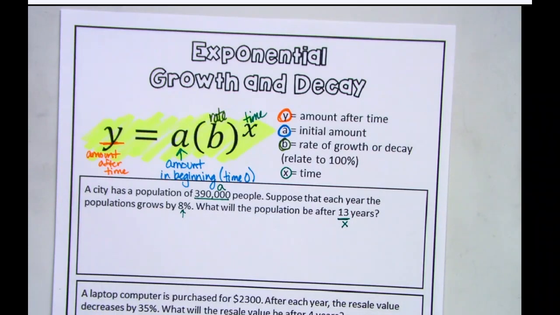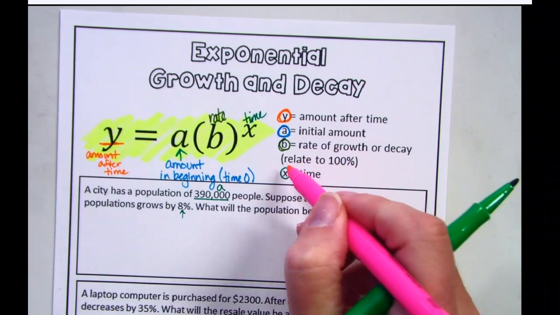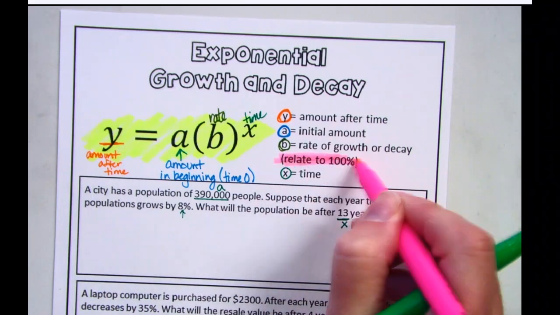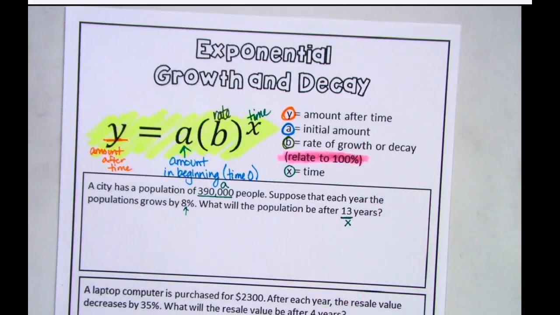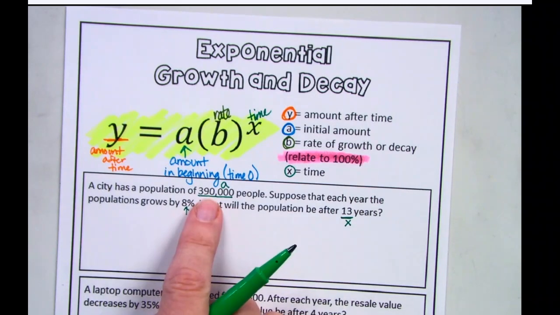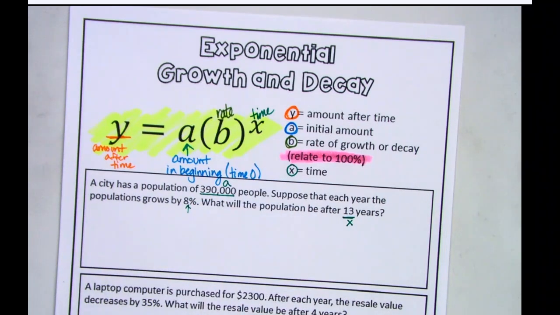So look back up here, and there's a key phrase right there. It says your rate of growth or decay, but relate it to 100%. So if I've got 390,000 people, I'm going to have all of the 390,000 plus 8% more.